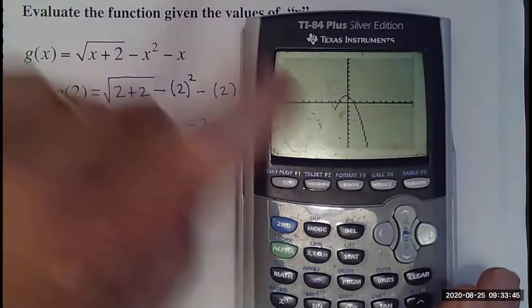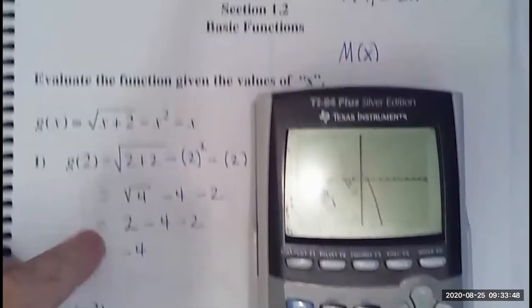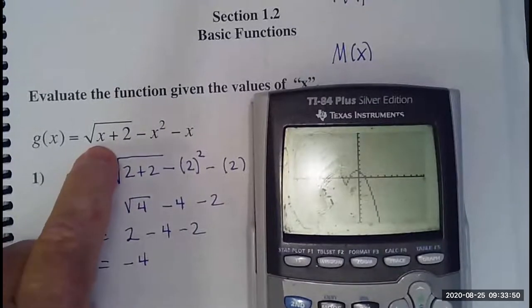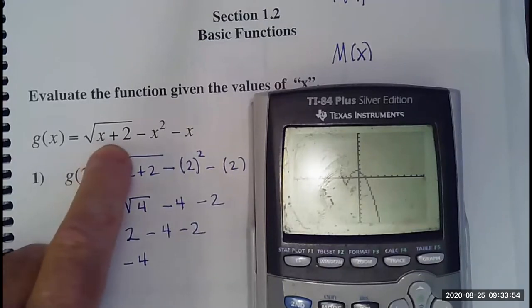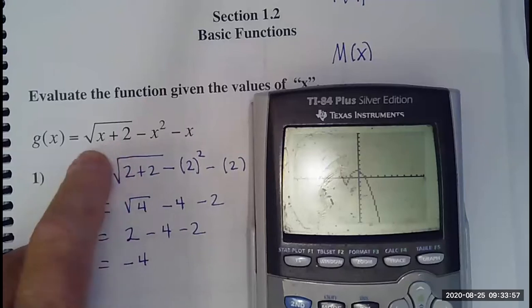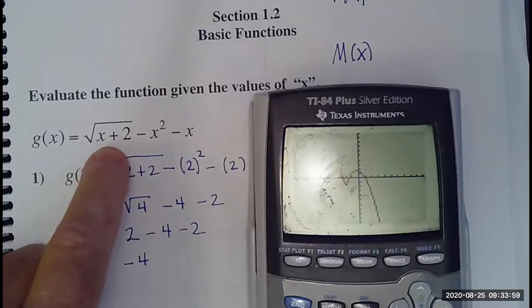Now notice it looks like it stops right there. Think about it. If I put in like negative 3 right here, that's square root of negative 3 plus 2. That's square root of negative 1, and that's not real.